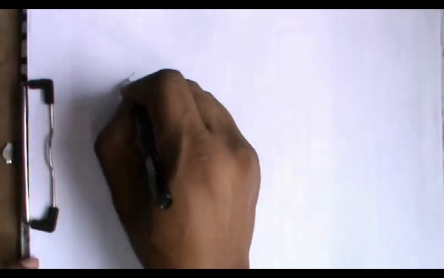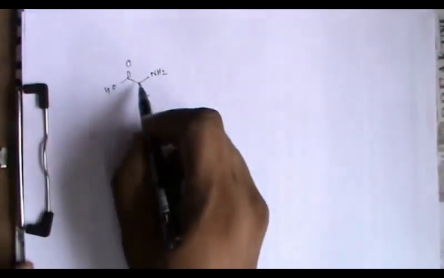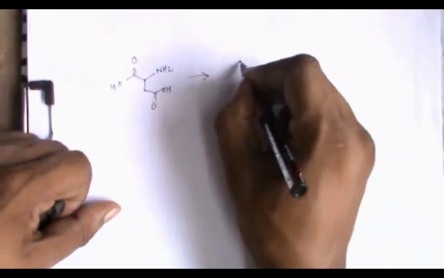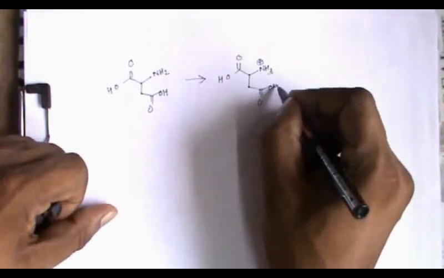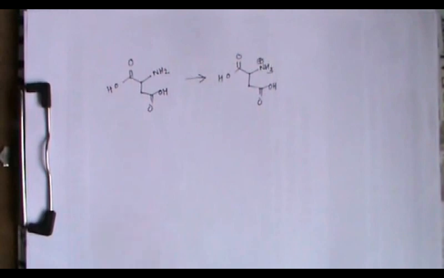Now let us consider aspartic acid. This is aspartic acid. At lower pH, this will be the species. Now I have 3 acidic protons.